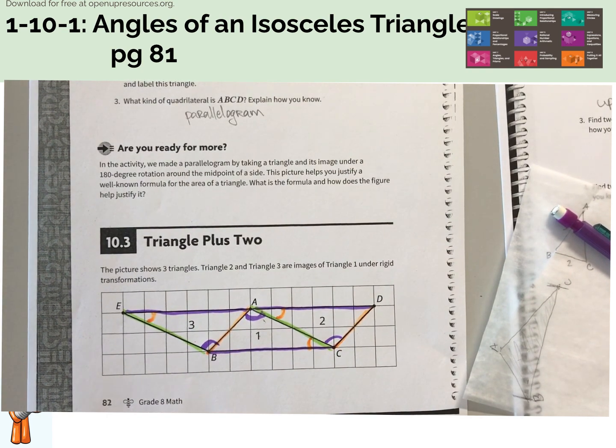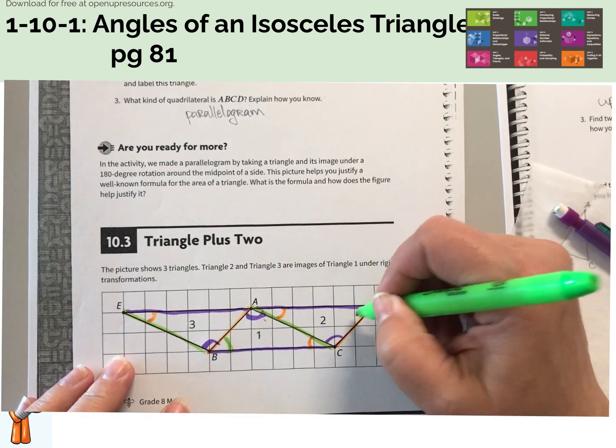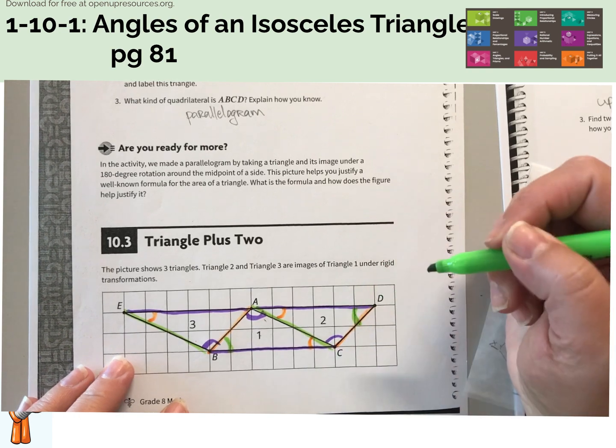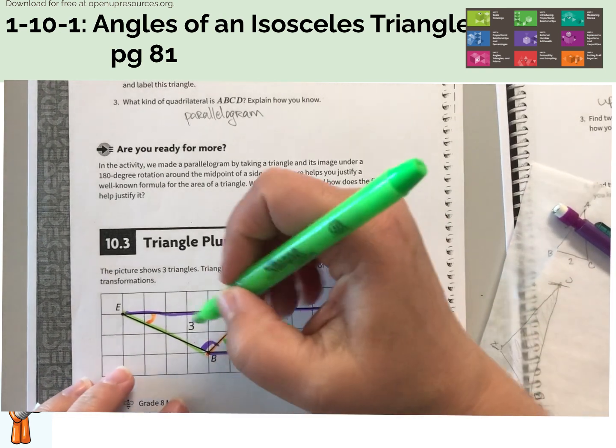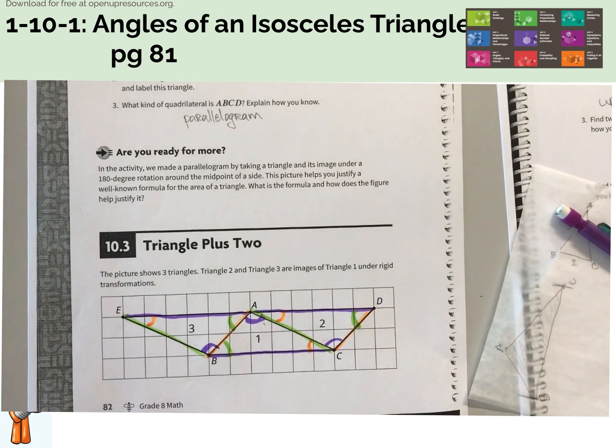And then with the last angles, can we say that this angle is the same as this one? Yeah, how did we do that? We did that with the trace paper. Can I say this one is also the same up here? Absolutely, because we did it with the trace paper.